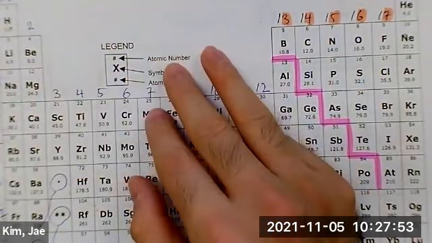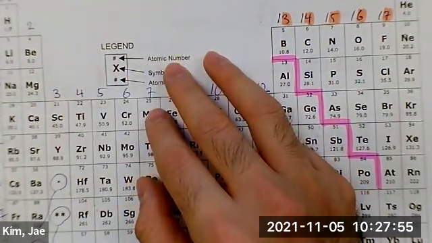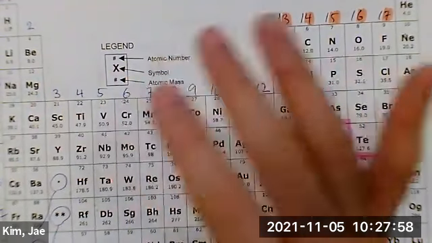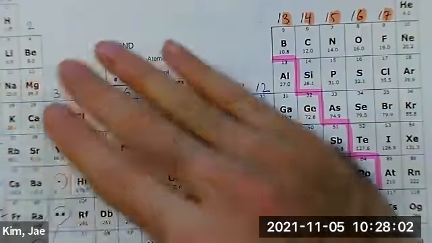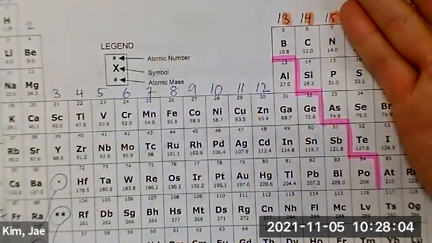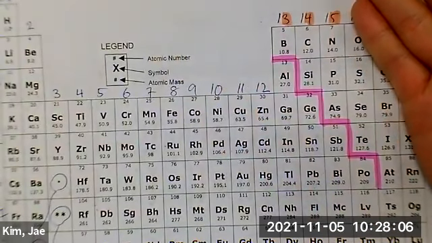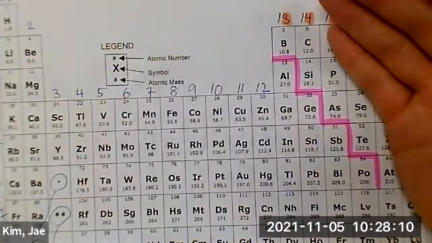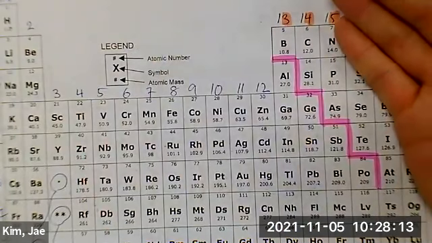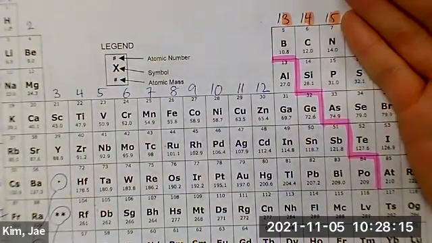They conduct heat most of the time. They are malleable most of the time. So there's a general trend you see on the left side of the periodic table. On the right side of the periodic table, they are called nonmetals. And they couldn't be any more different than the metals. In fact, they are usually liquids or gas. They are not very conductive usually.